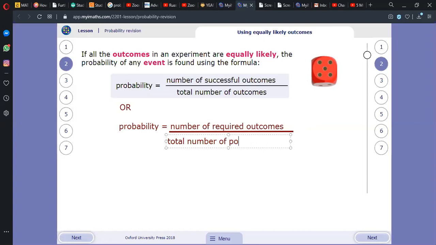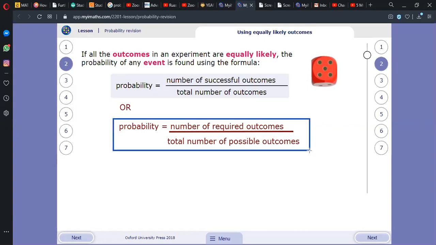I like the word possible in there. It's very important that we mention the word possible outcomes in the formula. So I'm gonna go with this particular formula. I prefer this at all times.